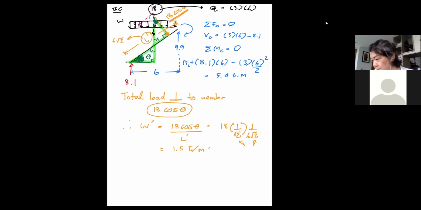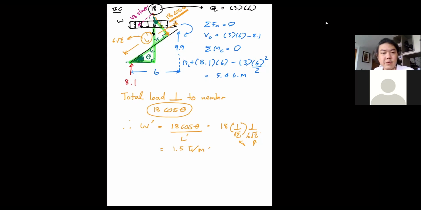Now, if you are curious about another component, yes, there will be another component that is the uniform load that is now parallel to your member as well. So you can calculate it with the same approach because this guy is 18 sine theta. And so the uniform parallel load will become 18 sine theta divided by L prime.